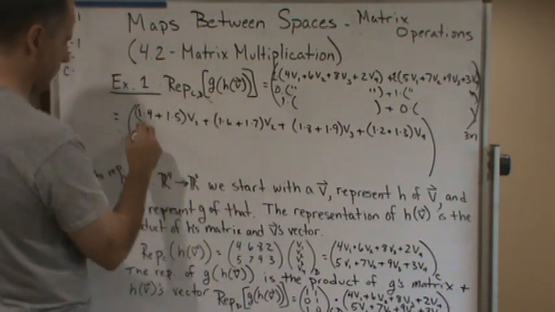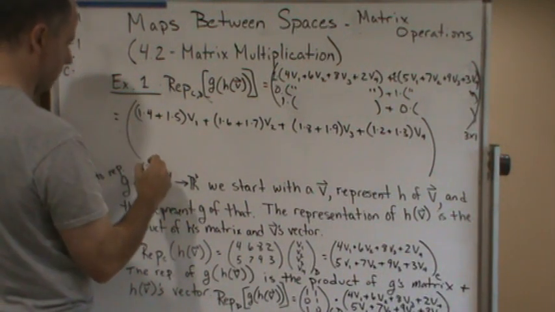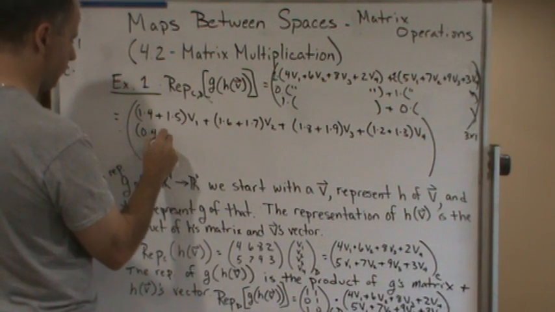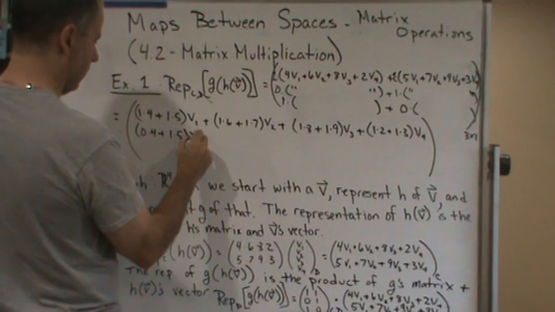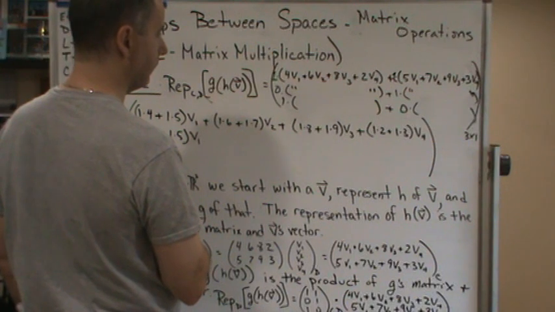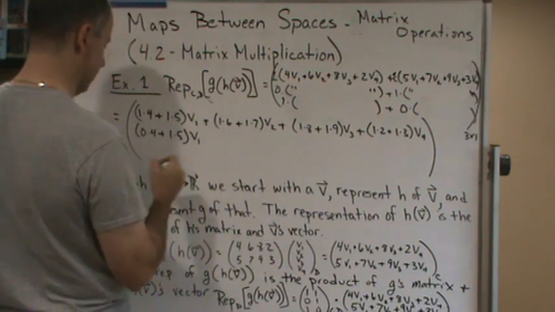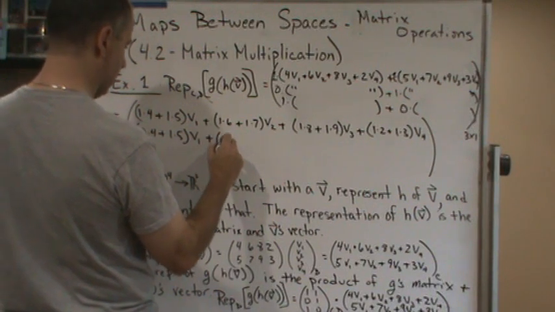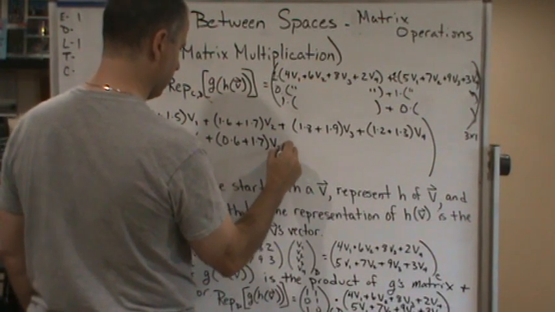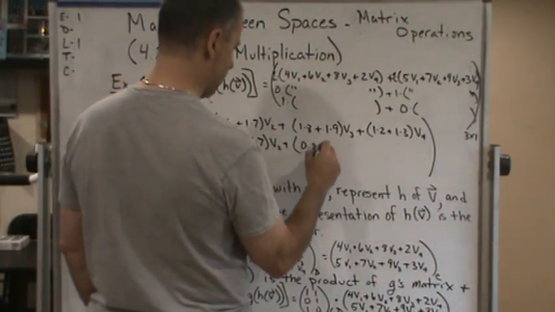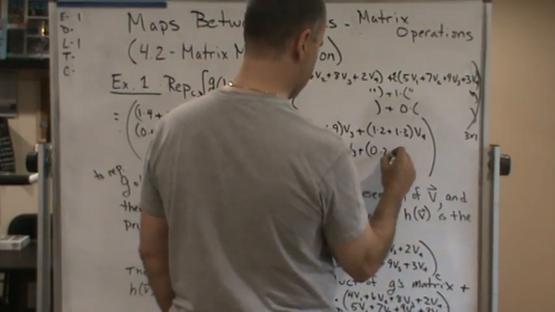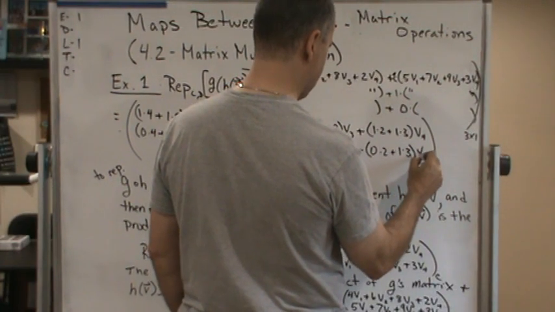Now I'm going to do the same for the next one. And so that's going to give me 0 times 4 plus 1 times 5 times V1. Is that right? Yes. And then plus 0 times 6 plus 1 times 7 times V2 plus 0 times 8 plus 1 times 9 V3 plus 0 times 2 plus 1 times 3 times V4.